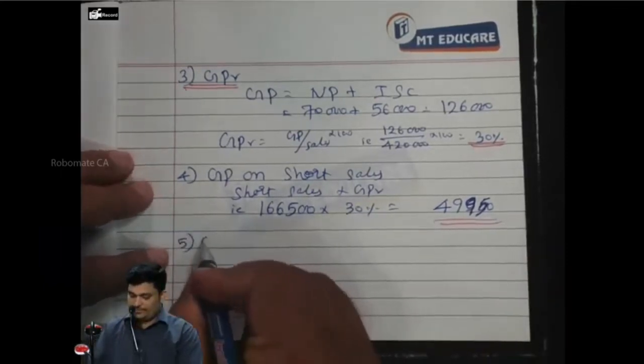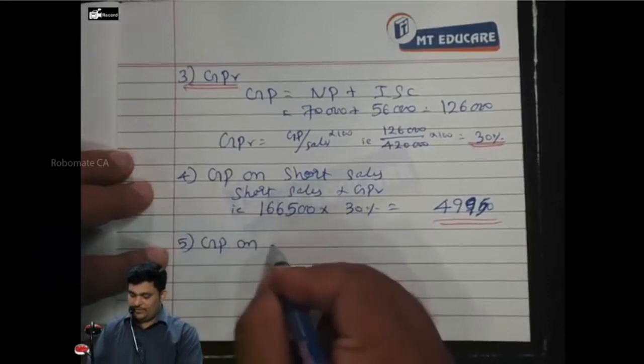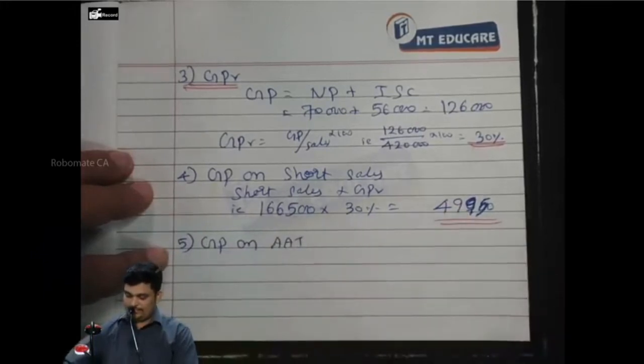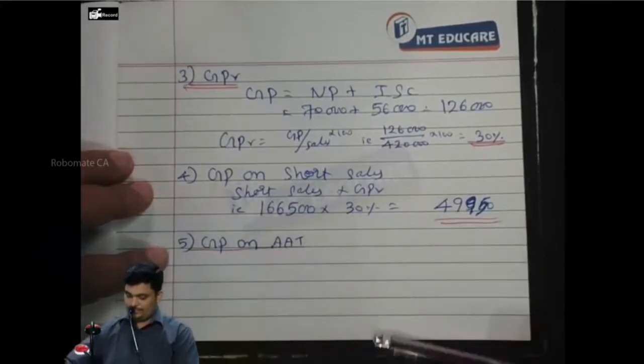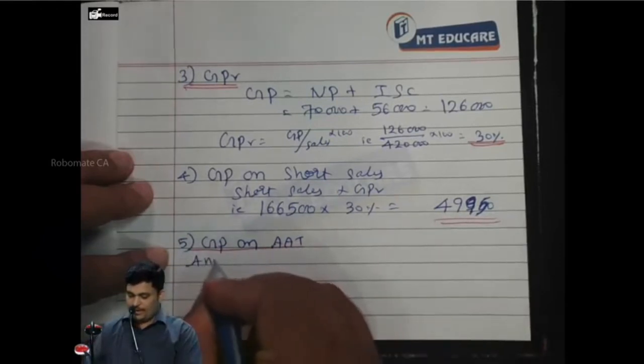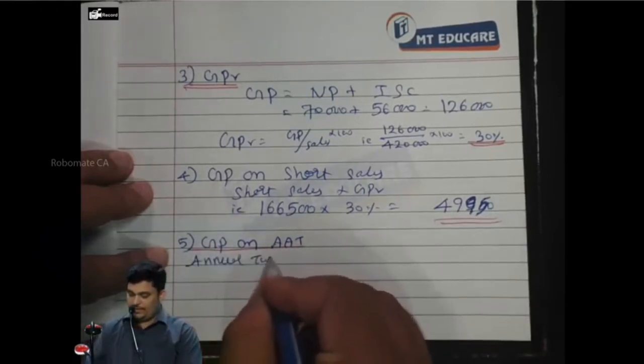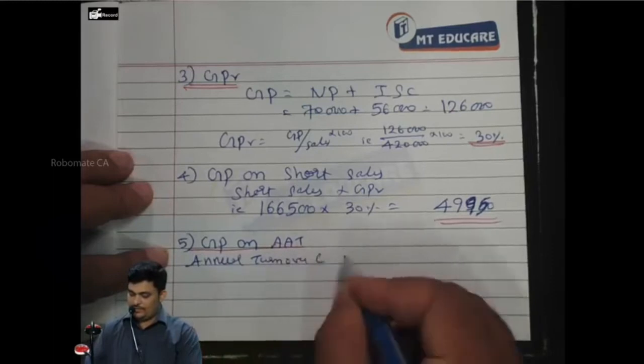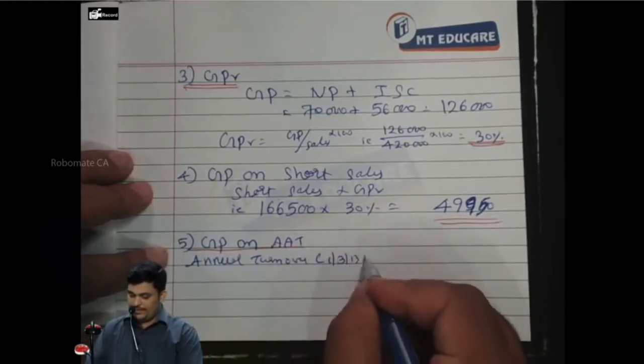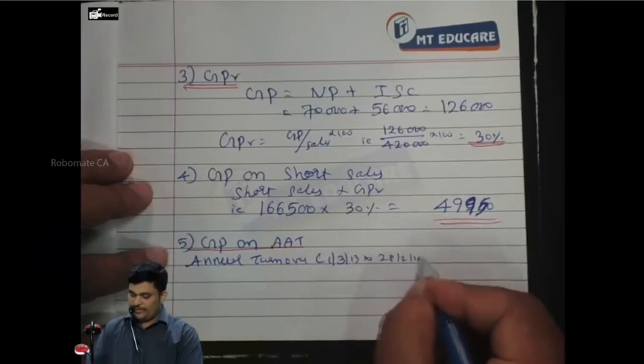Then we have GP on AAT. Annual turnover, 1/3/2013 to 28/2/2014.